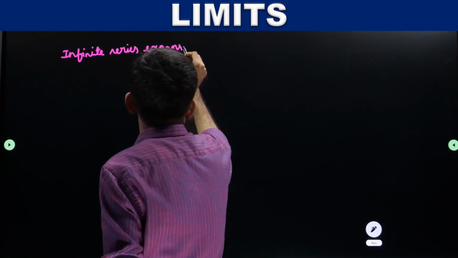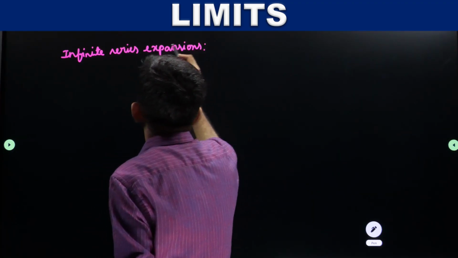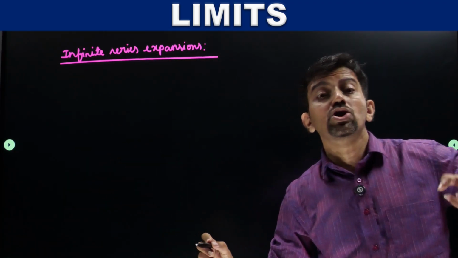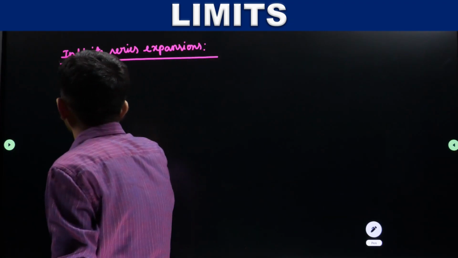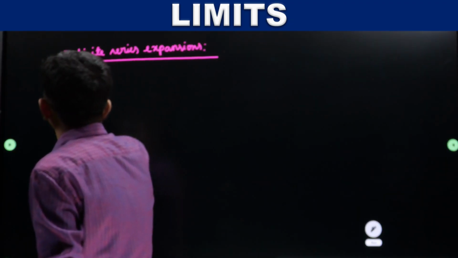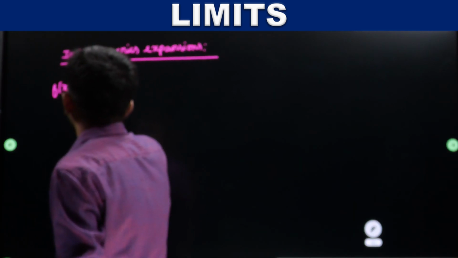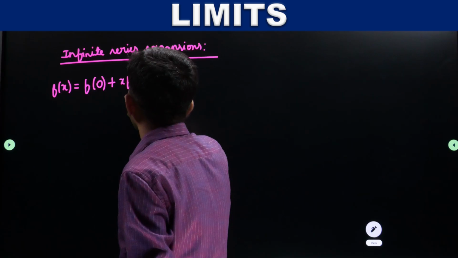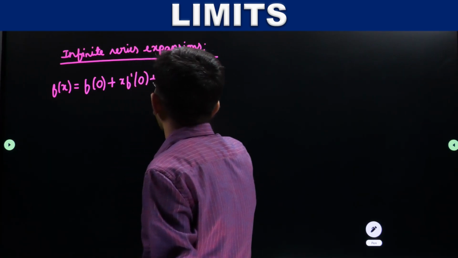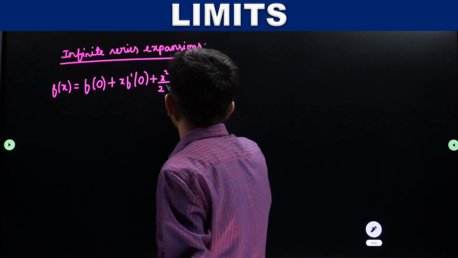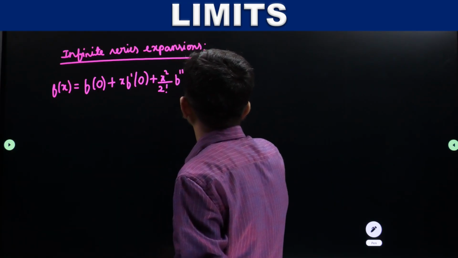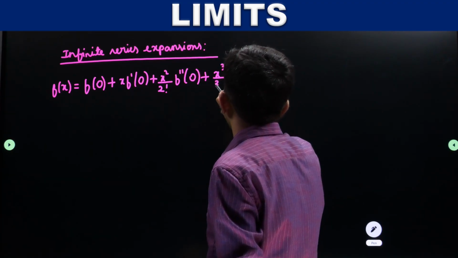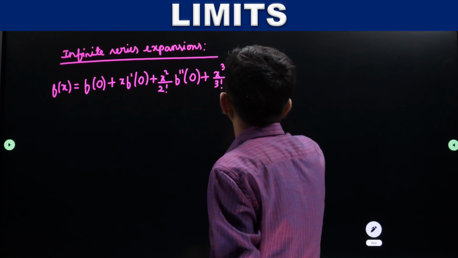Infinite series expansions. The Maclaurin series expansion, the first one I'm going to give you, that is f of x, the more general case. The Maclaurin series expansion is given by this: f of x is equal to f of 0 plus x into f dash of 0 plus x square by 2 factorial into f double dash of 0 plus x cube divided by 3 factorial into f triple dash of 0.